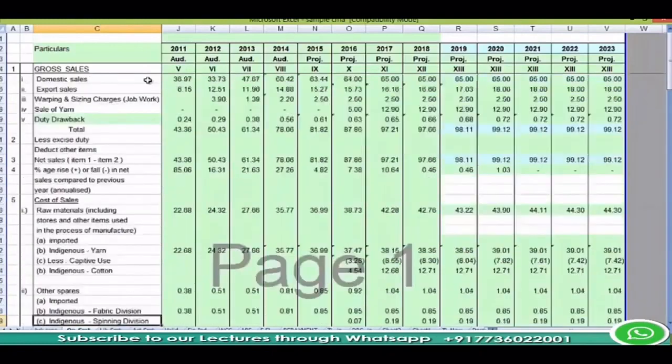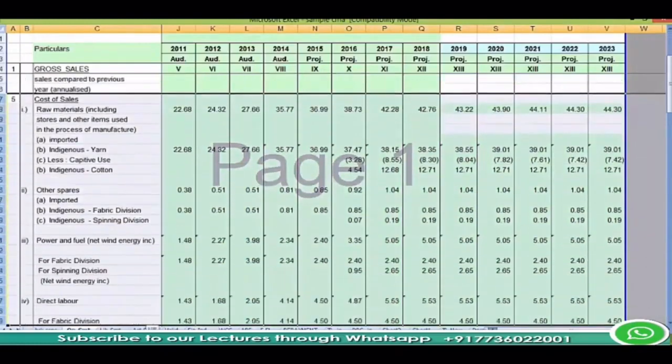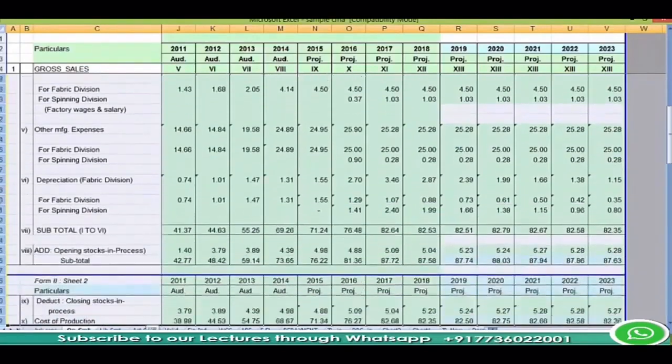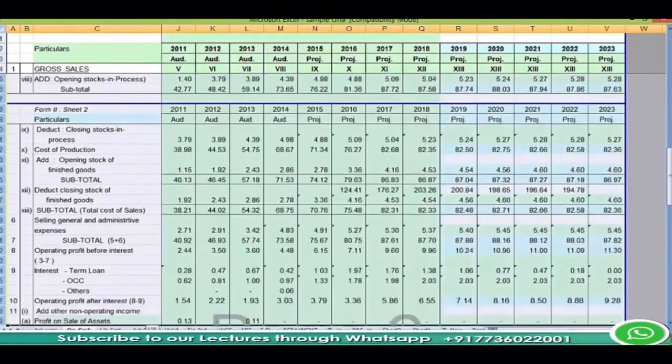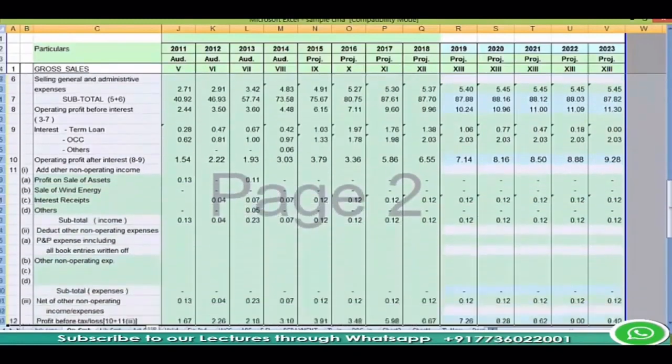So it starts with gross sales, and it talks about various expenses from this point. Expenses like raw material, other spares, power and fuel, direct labor, other manufacturing expenses, depreciation, then stock movement, selling and general expenses, interest expenses, then operating, non-operating incomes.